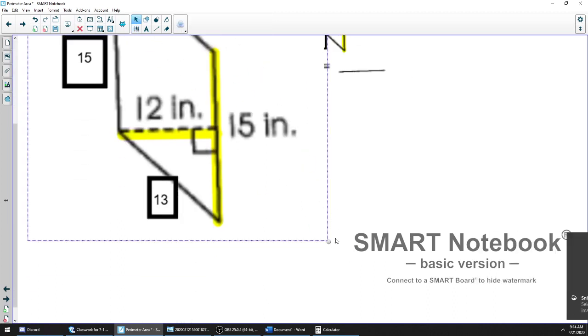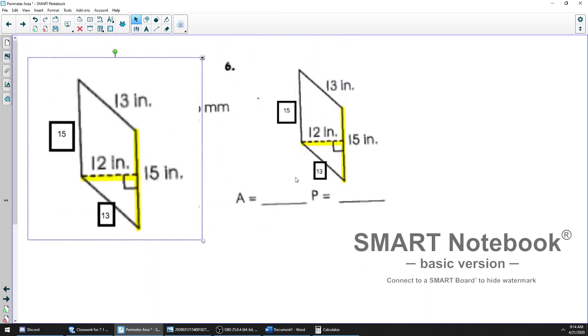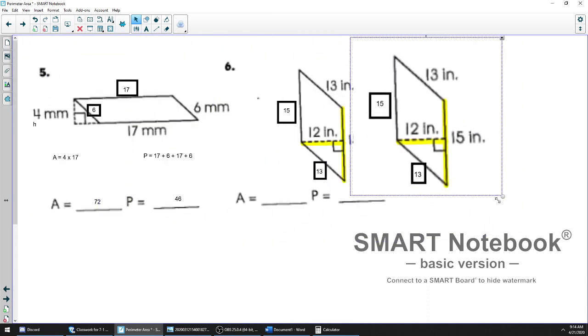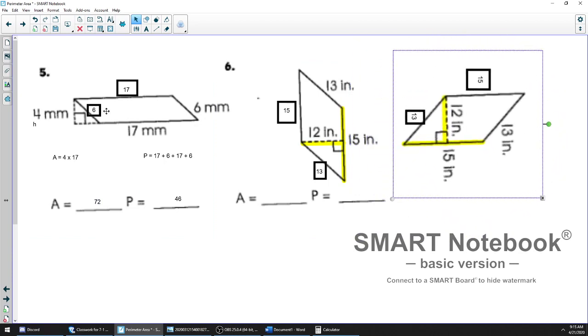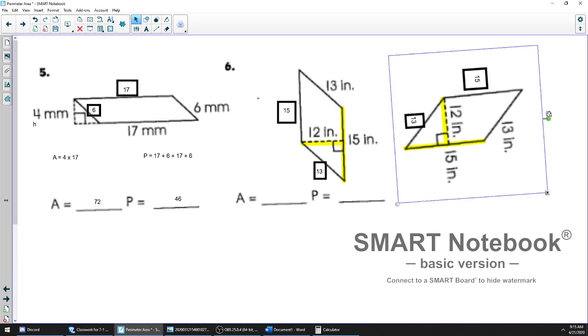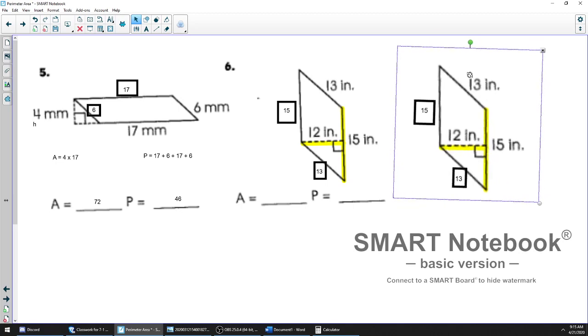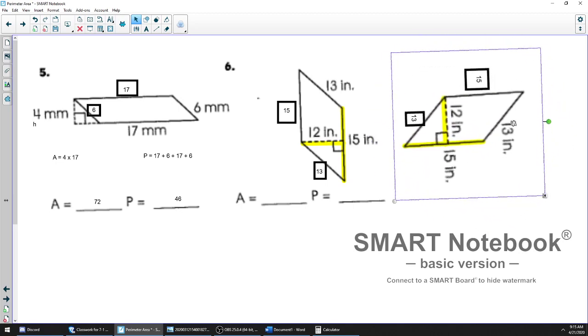We have our parallelogram, and if you're not sure that it's the same thing, here you go. And look at this. I'm going to rotate it, and it looks exactly like our regular parallelogram on number 5. My base would be 15, my height would be 12. Okay? So if you see the right angle, you know that's your height, and the bottom part is your base. Let me flip it over again. See how it's the same? And there we go.